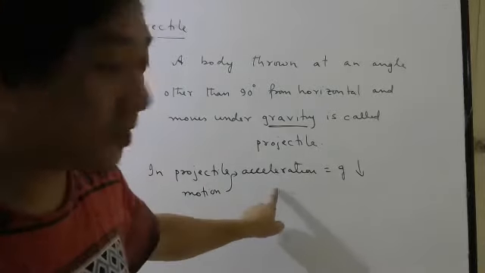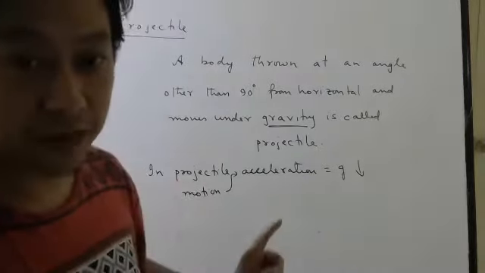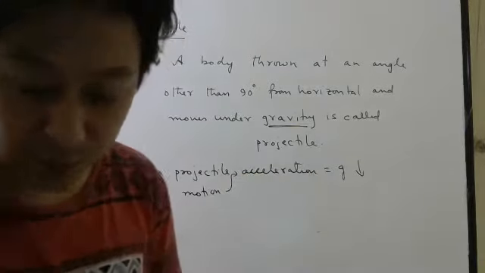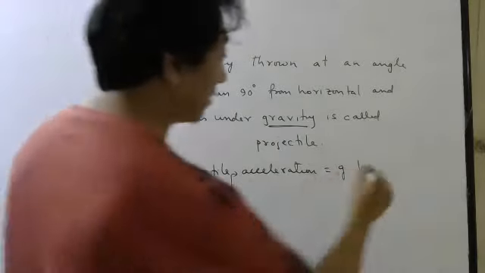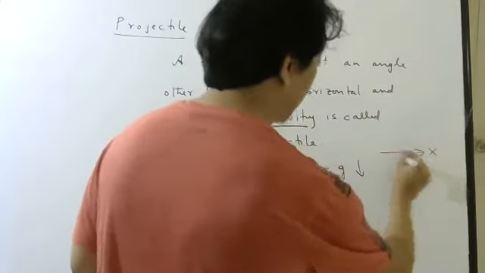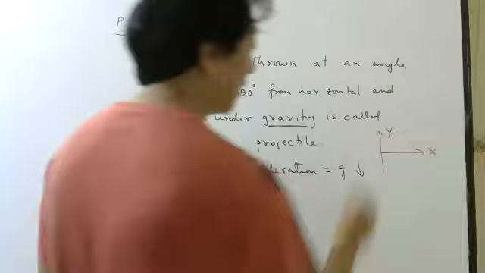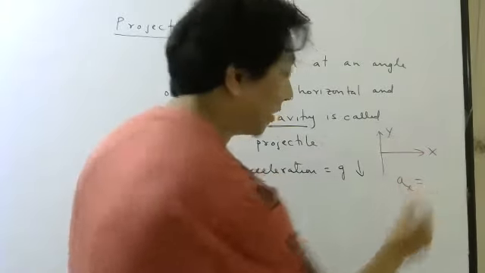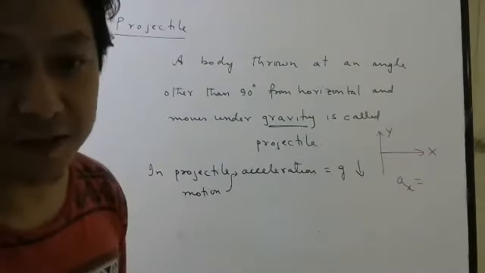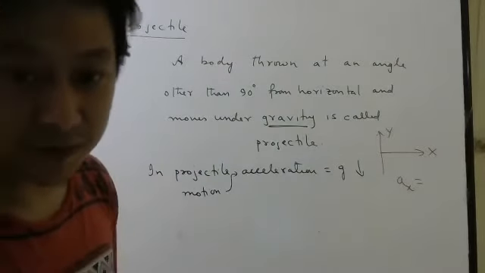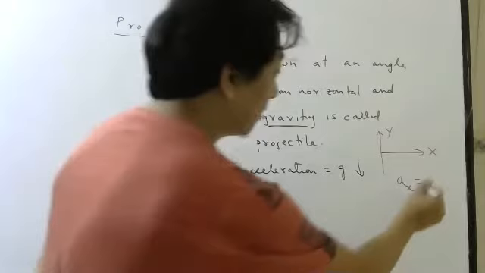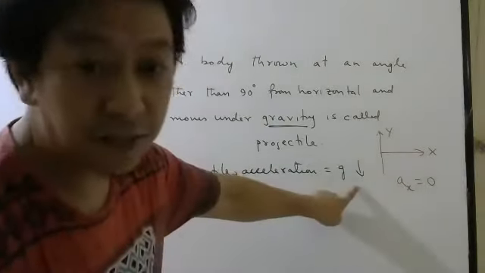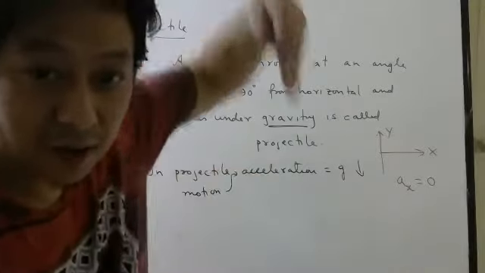Then the acceleration will be equal to g and the direction will be downwards, which means if I choose the x-axis here and the y-axis here, suppose, then what will be the x component of acceleration? Zero, because in case of gravity, your acceleration is completely downwards.